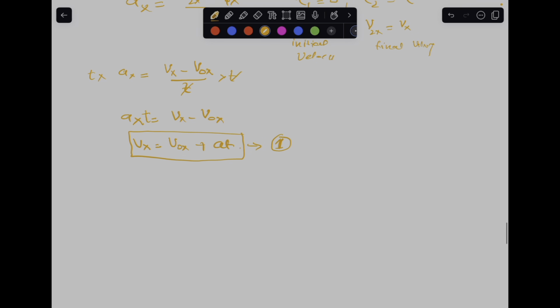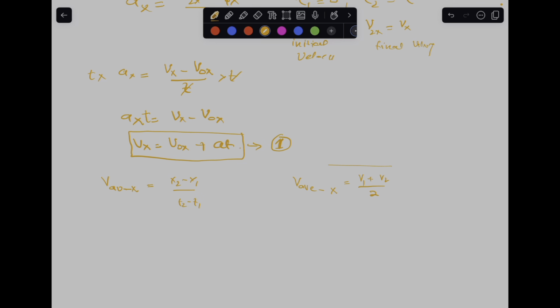So we define our average velocity along x as x2 minus x1 over t2 minus t1, and the average velocity along x when the acceleration is constant is defined as v1 plus v2 divided by 2.